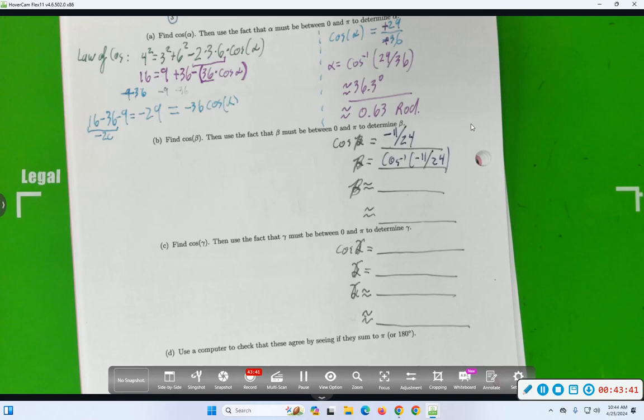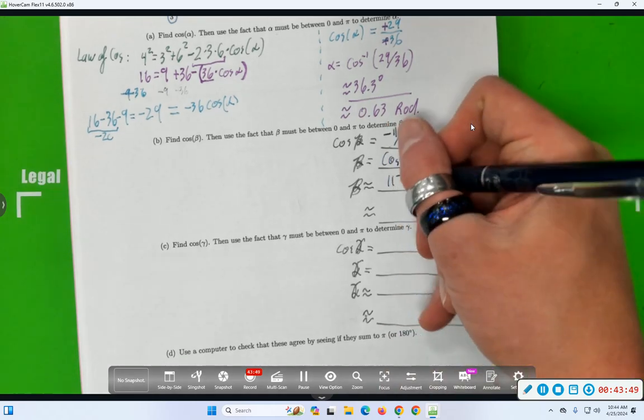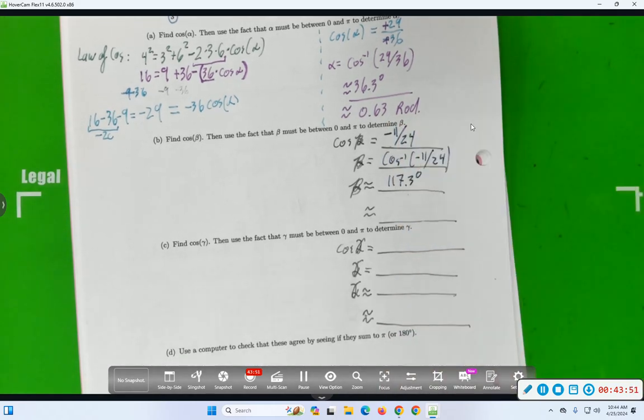And what is that about? Cool. So here's the observation to make. Inverse cosine knows whether the answer should be obtuse. That angle is obtuse.